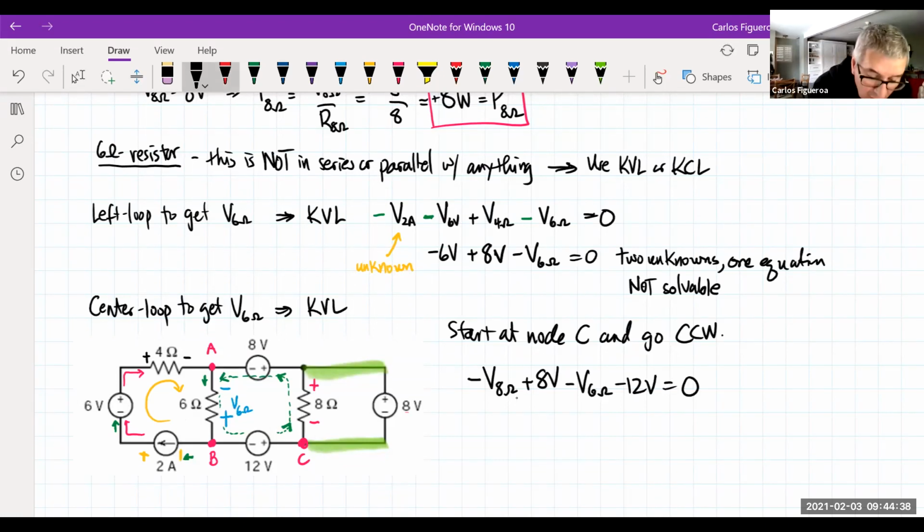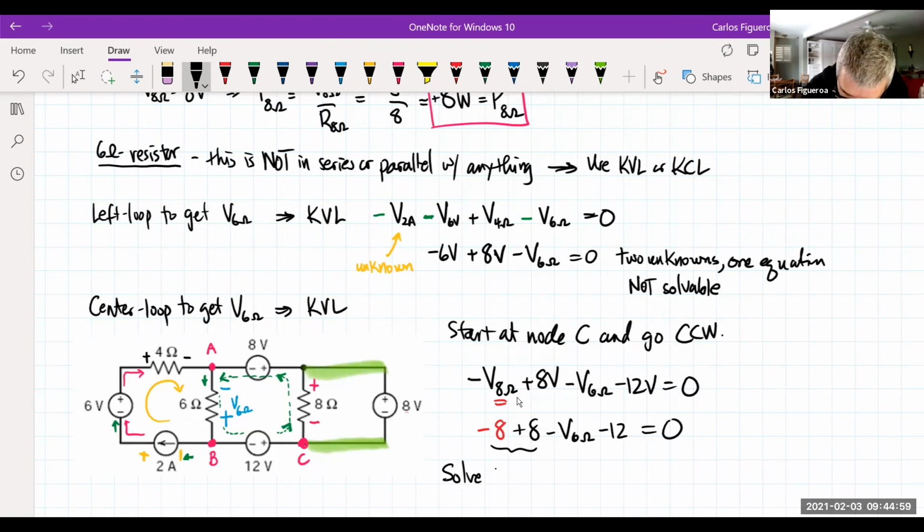So what do I know here? Well, I know that the 8 volt here is what? 8 volts. I know that this guy's 8. I know that this is what we're looking for. And then I have minus 12 here. So you could see immediately that these guys sum to 0. So what does this tell me here? So now if I solve for V6 ohm, you could see here that I get V6 ohm is minus 12 volts.